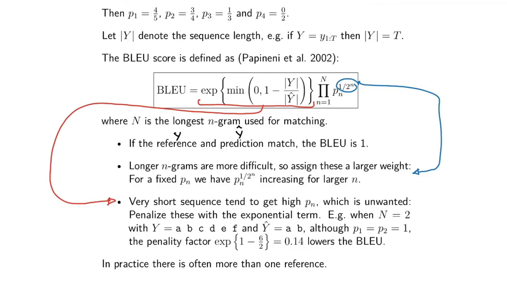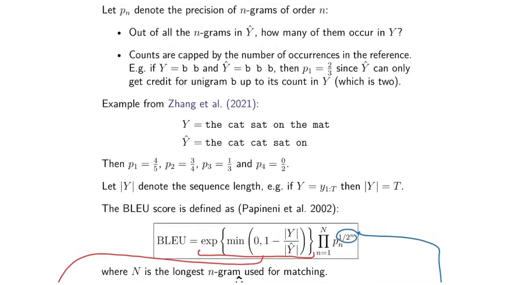Because there are often actually legit more than one way to translate the sentence. Okay, so often what you do is you actually don't have a single Y, you actually have maybe more than one Y. So you ask 5 people to annotate how would you translate this, and then what you would do is for your Y hat you would get credit for an n-gram if it occurs in anyone's translation.